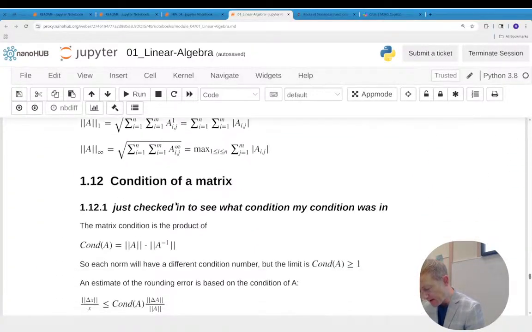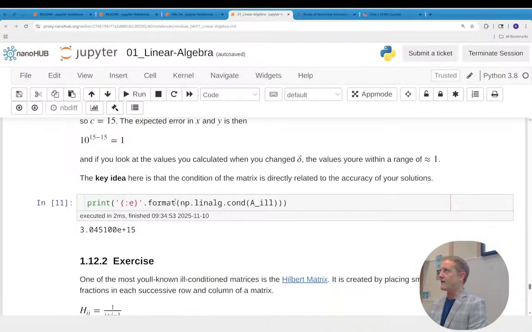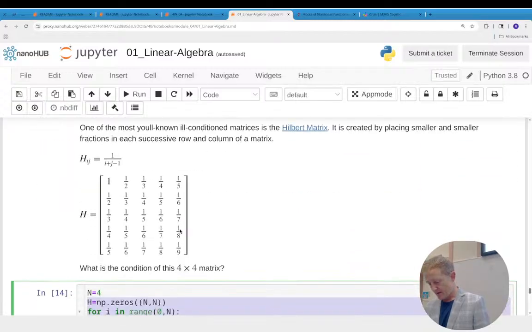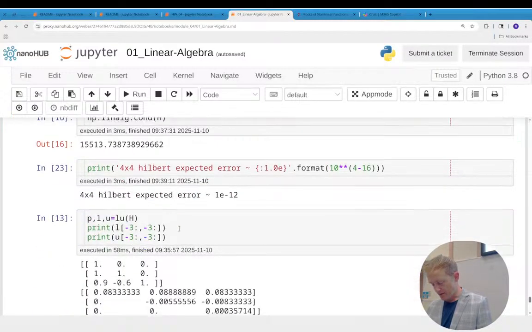But the graphical representation is two lines that intersect at a single point, but they're so close to the same line that it looks like they could have intersected at any point. If you think about it in a graphic way, that's a large condition number. That's what it means.